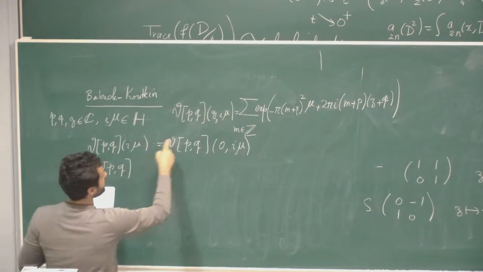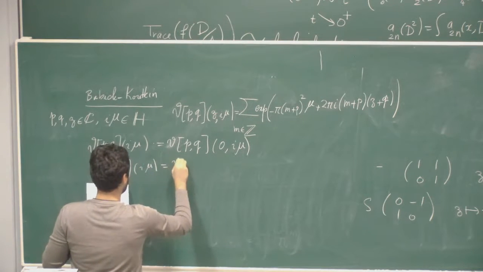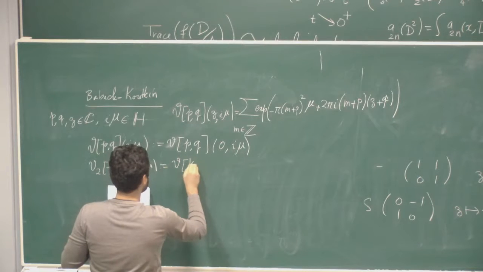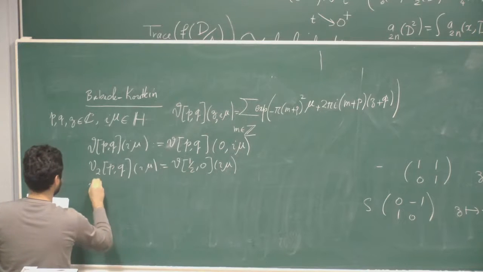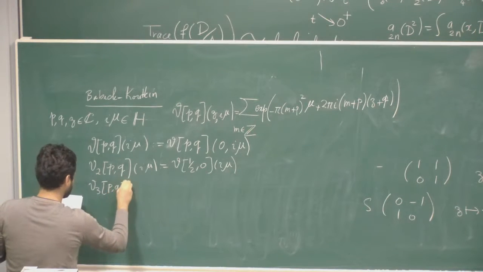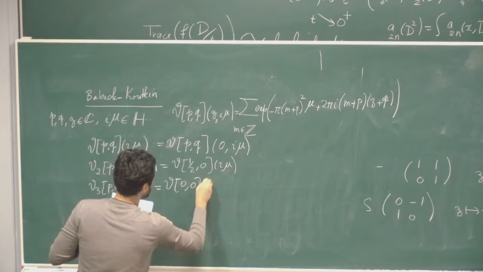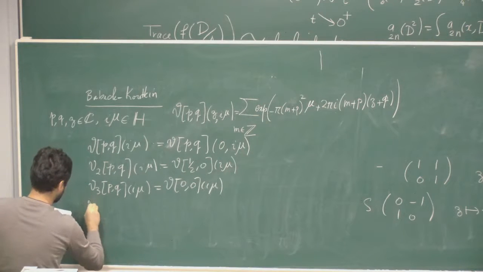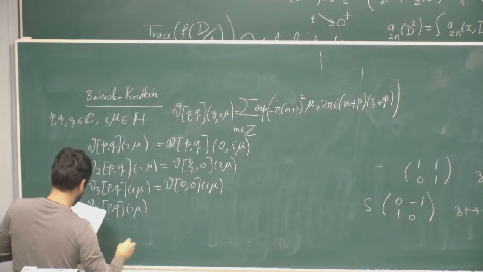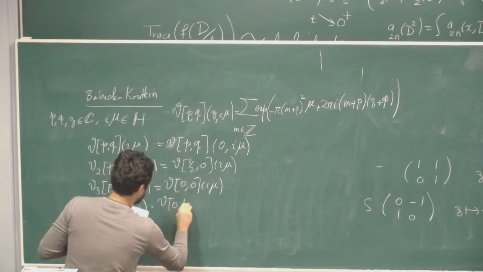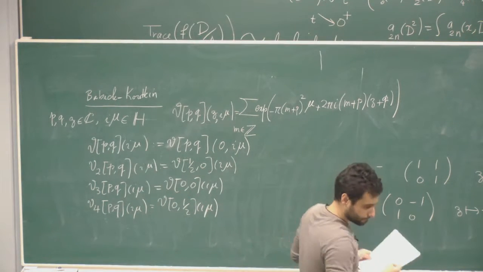When we don't write z, it means that we are setting z equal to 0. Okay.